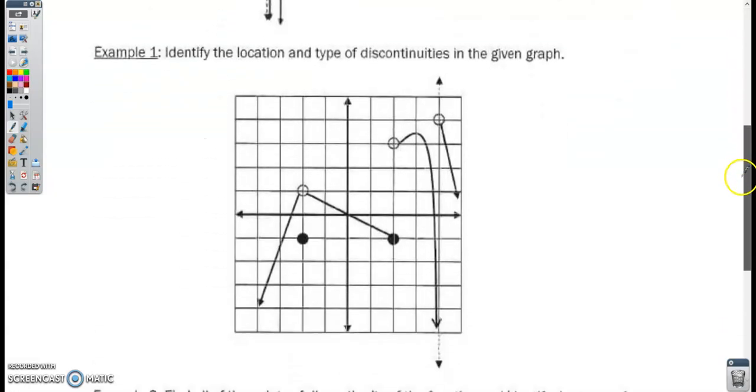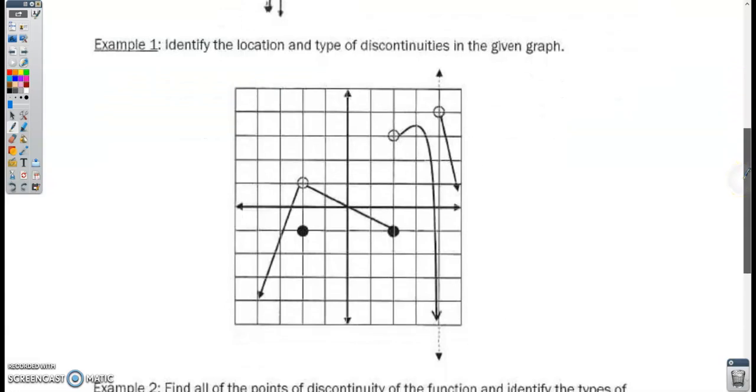First, a graphical example. We are going to identify the location and type of discontinuities in this graph. Looking at this graph, I see three discontinuities. In fact, I see one discontinuity of each type.